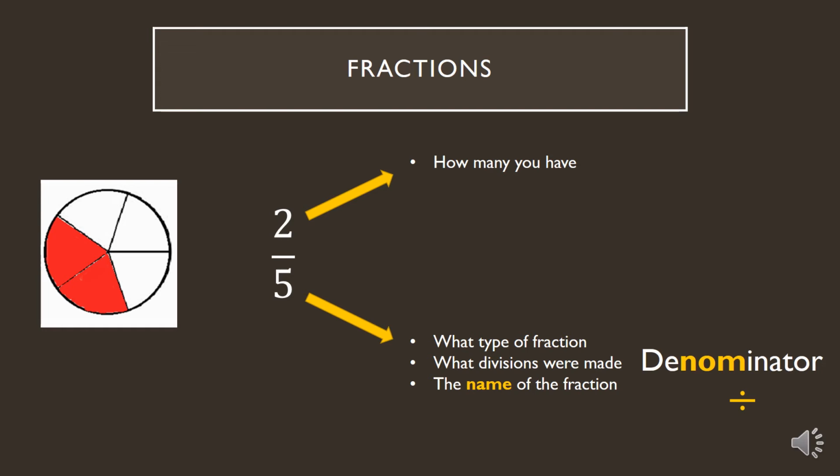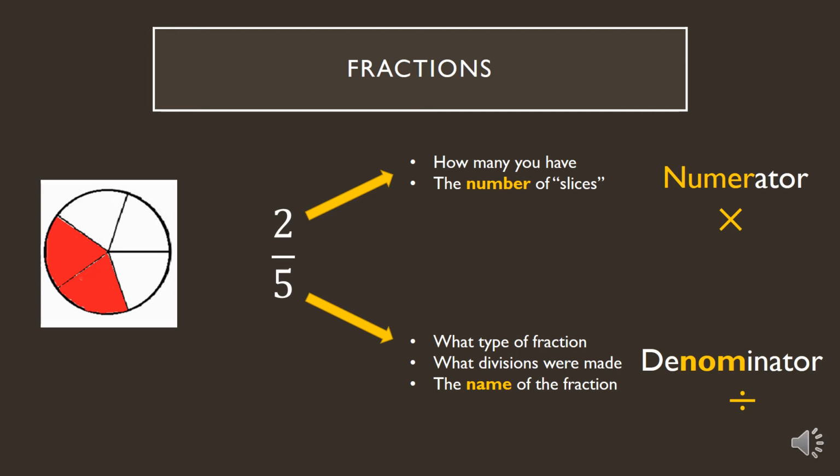Okay, so how many slices? The number of slices. And this number on top of the line is called the numerator. And we will multiply by however many slices you have. Okay, so numerator on top of the line for multiply and denominator under the line for division.